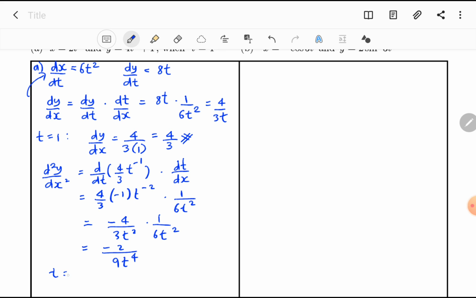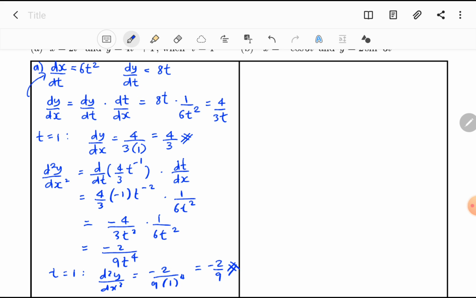And when t equals 1, d squared y over dx squared equals negative 2 over 9 times 1 to the power of 4, and equals negative 2 over 9.